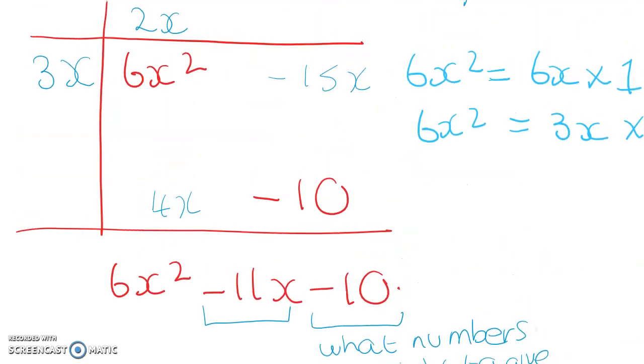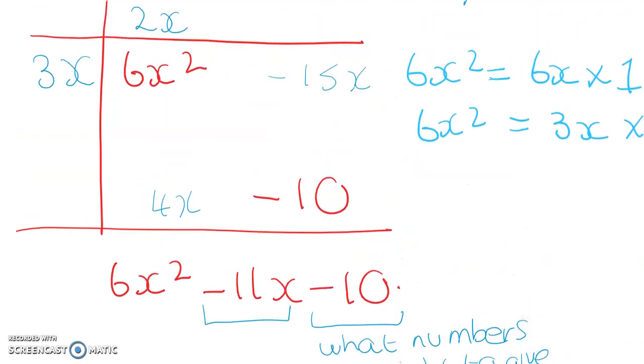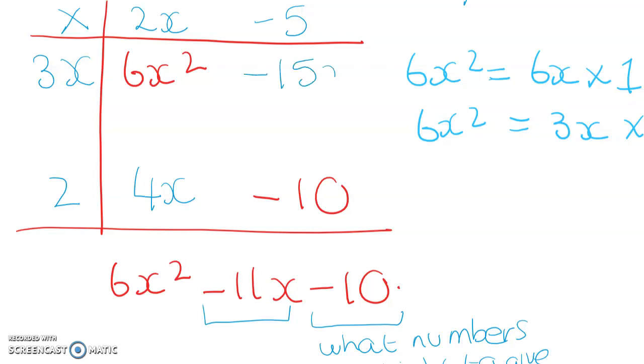So let's change them around. Let's put 2 down here instead, and minus 5 up here. 2 multiplied by 2x gives me 4x, and 3x multiplied by minus 5 gives me minus 15x. Minus 15x plus 4x gives me minus 11x.